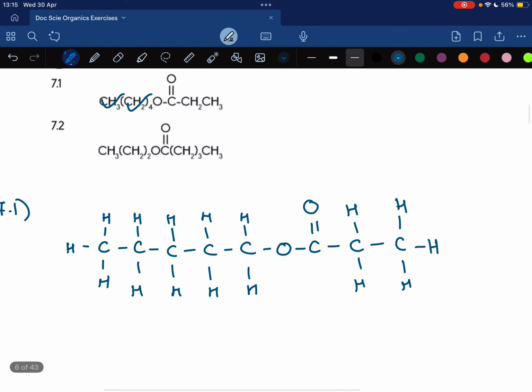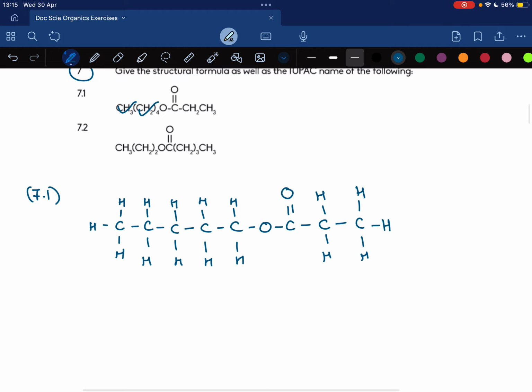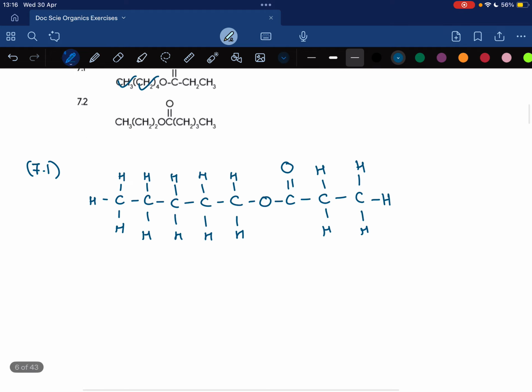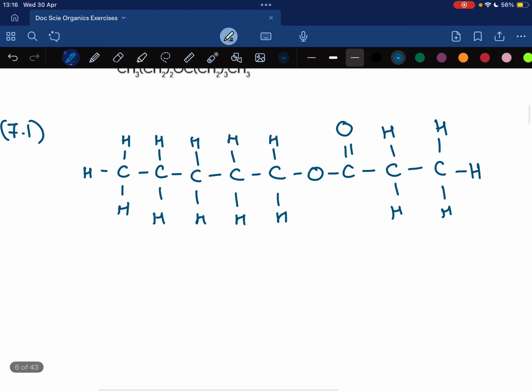Then it wants to know what the IUPAC name is for this. So we can clearly see that we have an ester. I'm going to start with the alcohol first. The alcohol is the side nearest to the single bond oxygen, which is here.